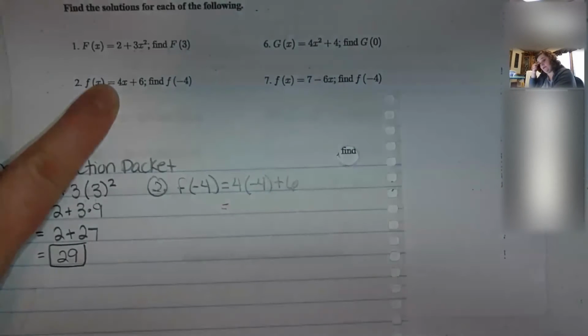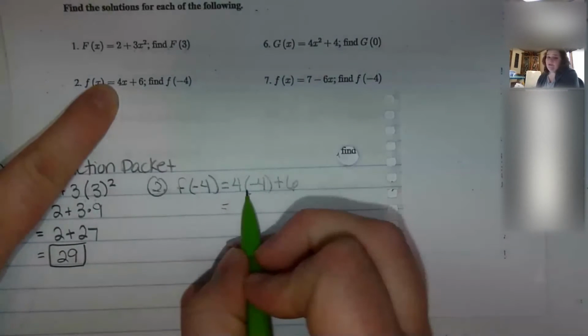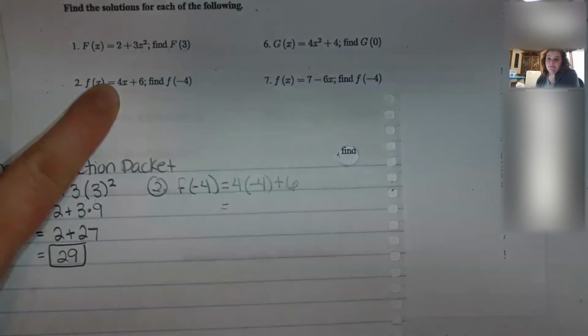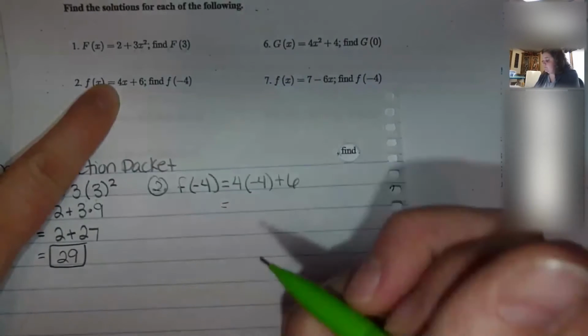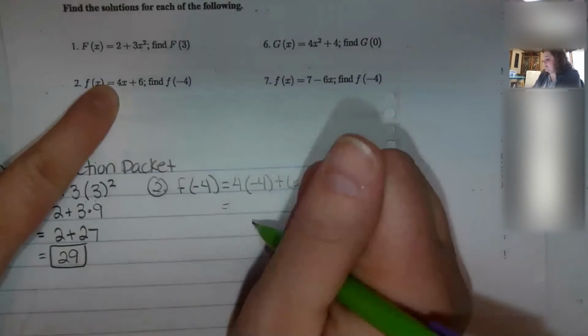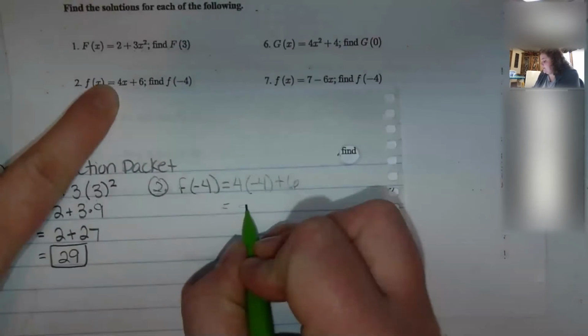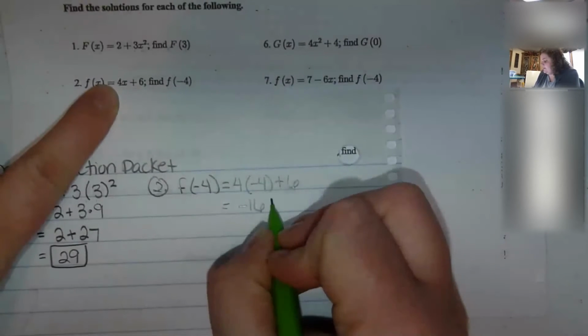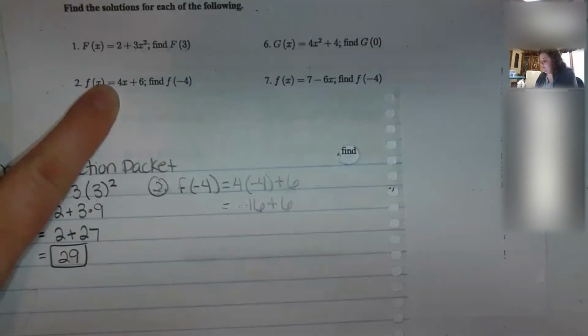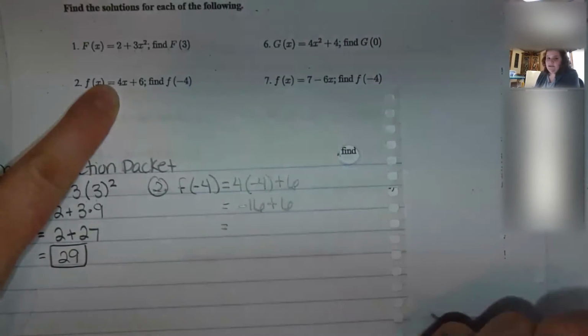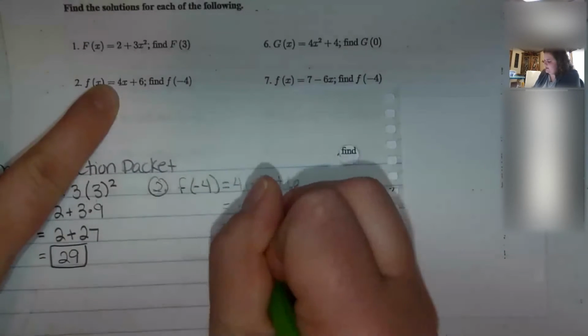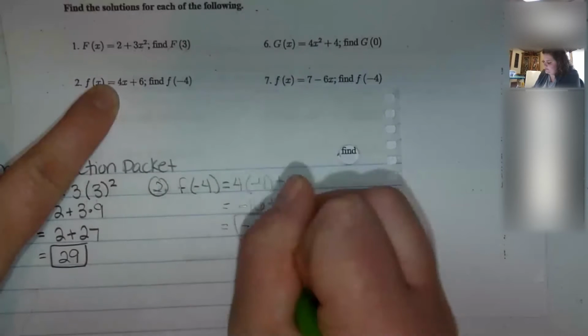Okay, 4 times negative, so am I going to multiply or add first? Multiply. Yep, multiply. 4 times negative 4 is negative 16 plus 6. Negative 16 plus 6 gives me a negative 10.